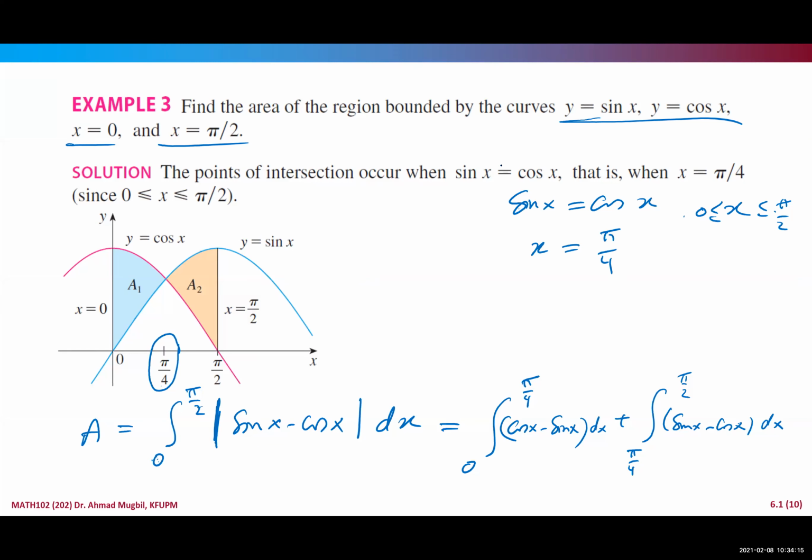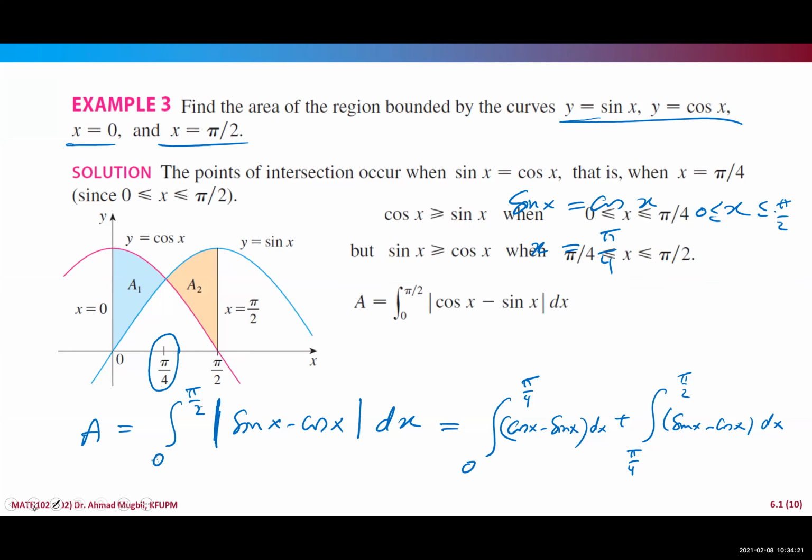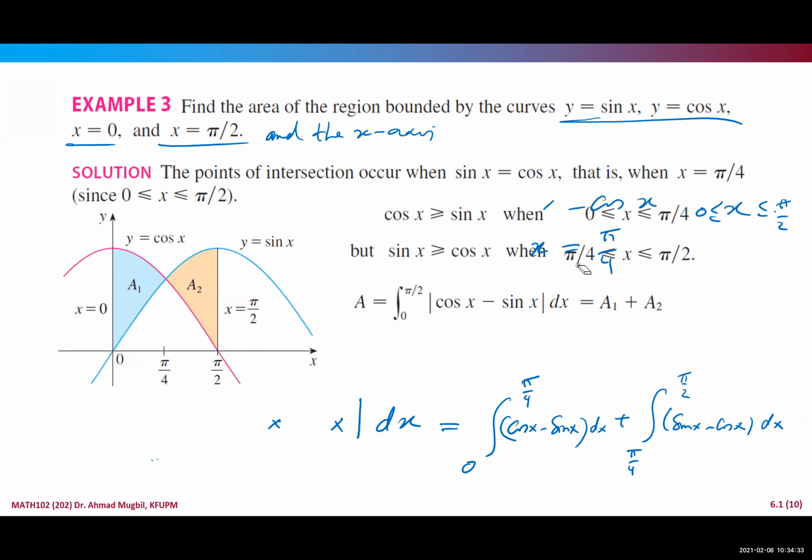Okay, now I think, Shabab, this is a good example about being careful when you integrate. Again, if I add here the x-axis, for example, where will the region be? This is a question for you.